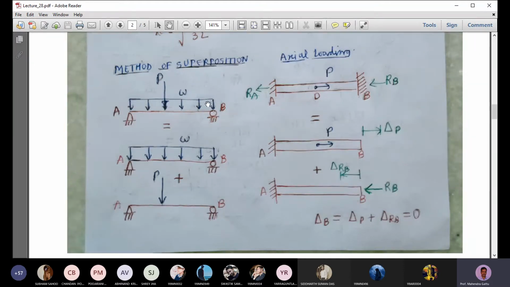In the first part we'll consider only the distributed load, and in the second part only the point load. We can find the reactions and the deflections due to the distributed load, and also due to the point load, and then sum them up. That answer will be the same as if you analyze this problem together with distributed and point load.